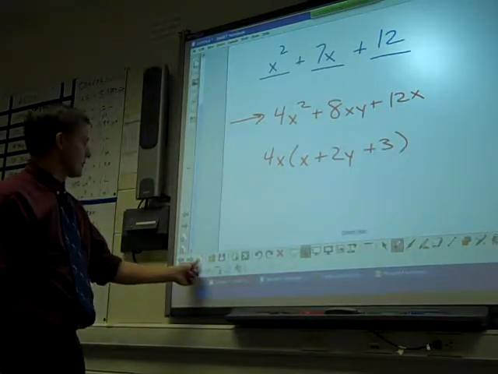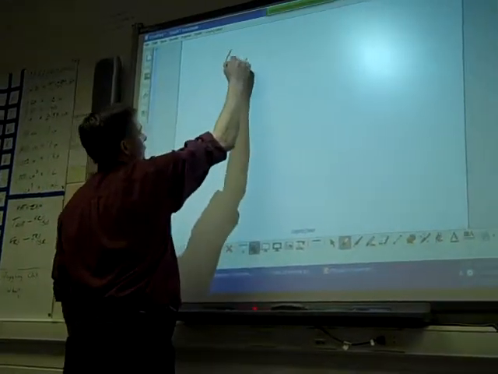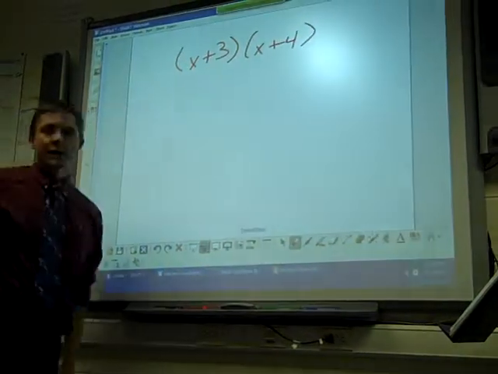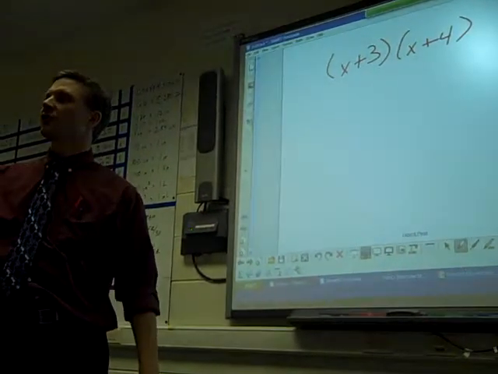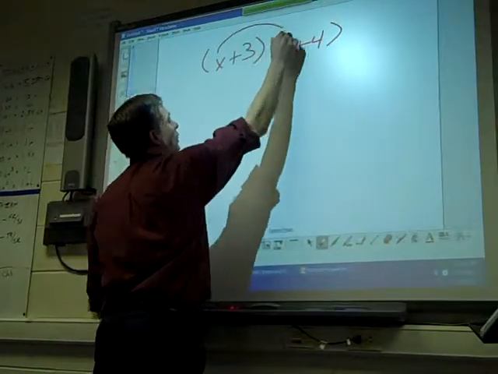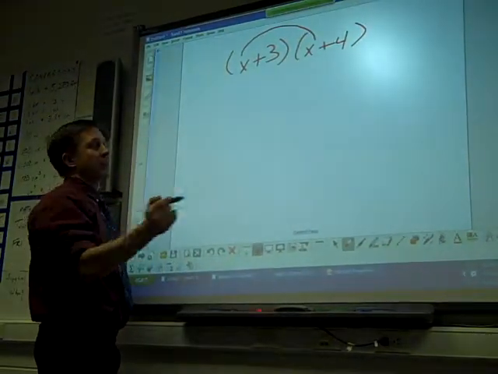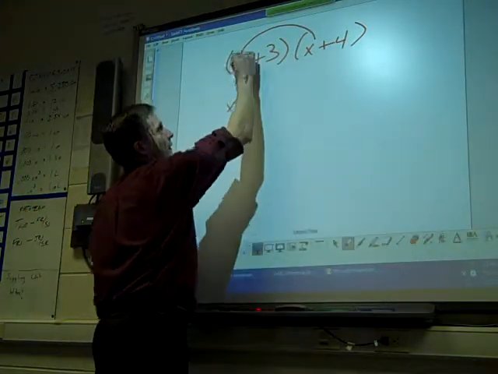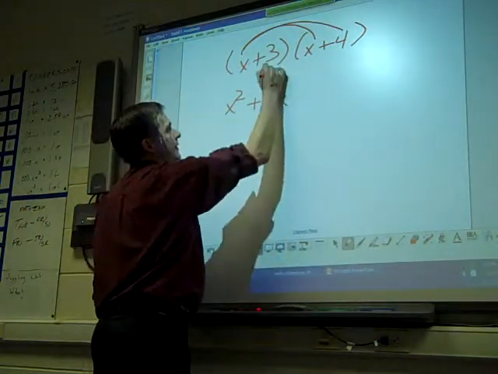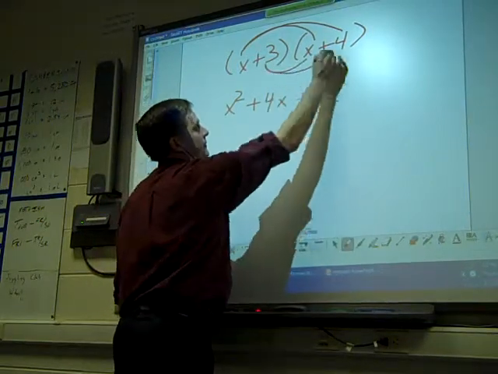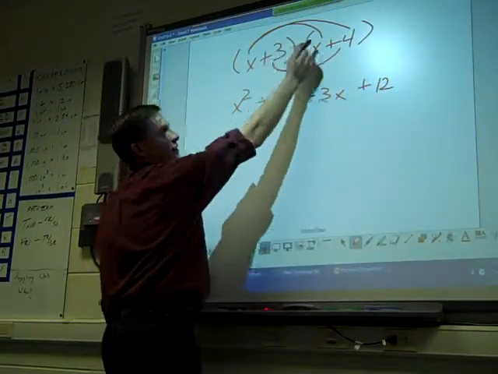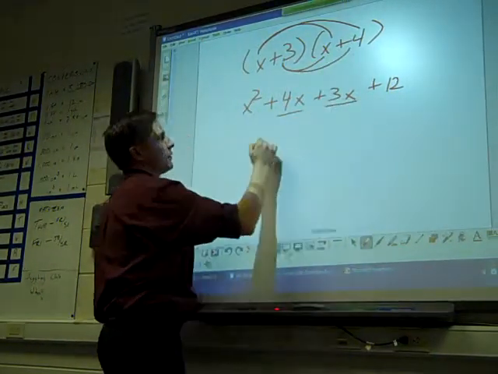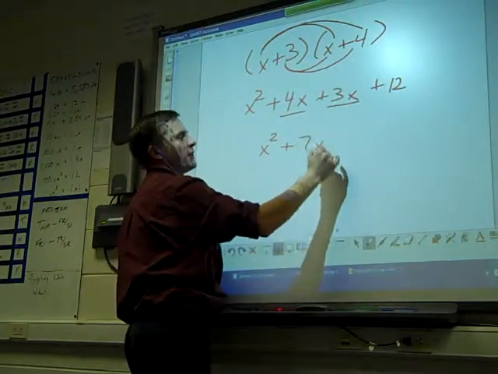But what we learned from multiplying binomials is that there is a shortcut. Every time we multiply binomials that start with an x and an x and have a coefficient of 1, we always get the product of the end two numbers, which is 12, and we always get the sum in the middle that becomes the coefficient on the x term.